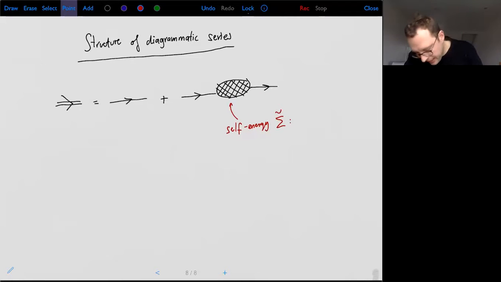So basically I can express this self-energy as a sum of diagrams which do not have incoming and outgoing Green's function lines, but instead look like this.